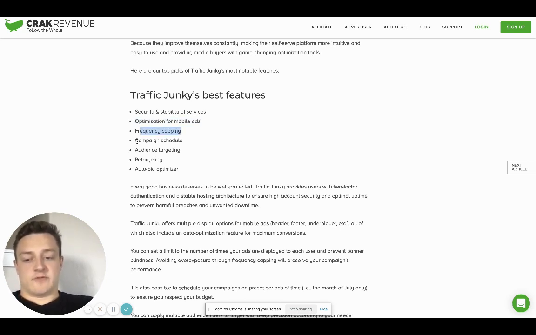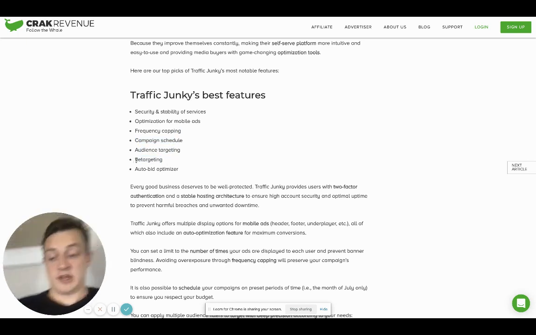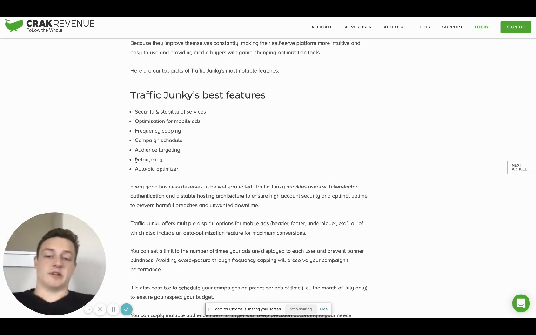Frequency capping, everyone has that. Campaign schedule, everyone has that. Audience targeting, that's good. Retargeting is very powerful. Basically, you can put a pixel on your landing page and retarget those who have been there before. You can even have a pixel in place for those who have purchased. You can literally retarget your buyers or people who became leads or anyone who's been on your site before.